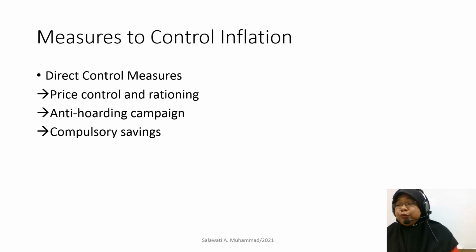This could be by way of a deduction from the salary of workers that is credited to workers' accounts. Like in Malaysia, we have EPF, or in Malay, we call it KWSP. The amount credited into the worker's saving account can only be withdrawn upon retirement.